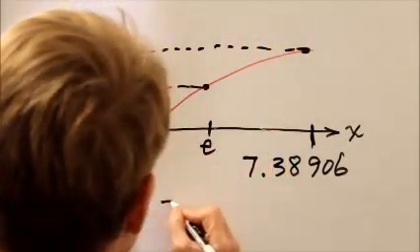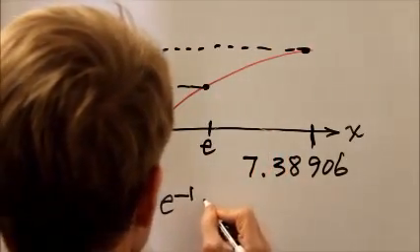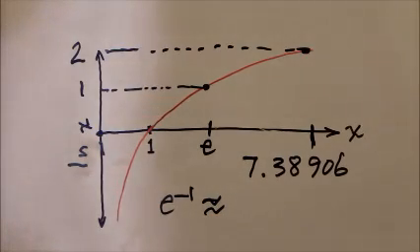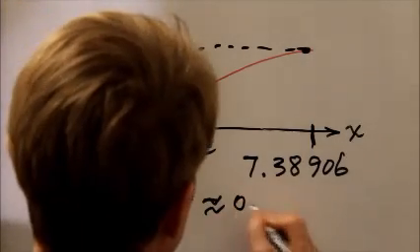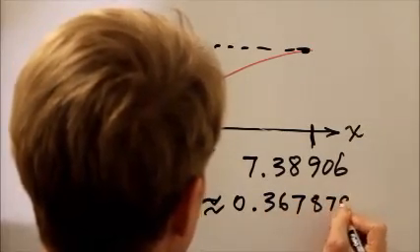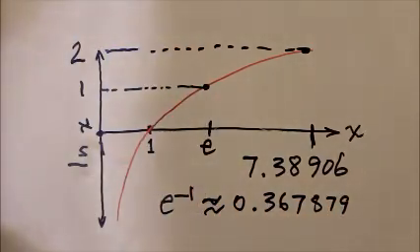Now, I also took e to the minus 1 in my handy dandy calculator and got 0.367879. Again, approximately, because that's 1 over e. The reciprocal of an irrational number will turn out irrational.